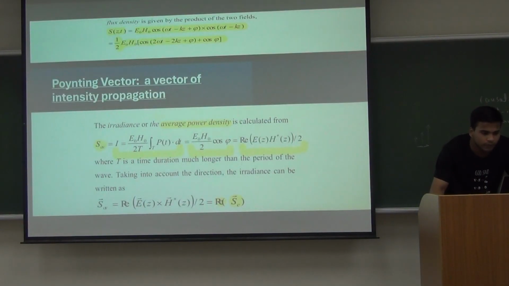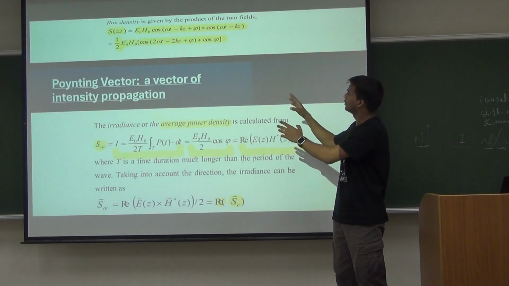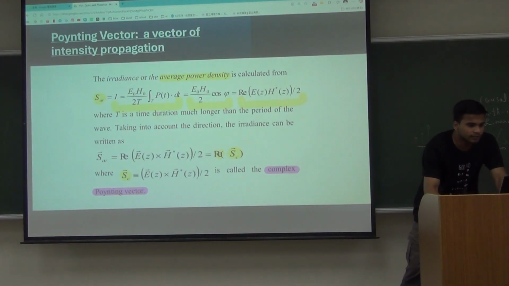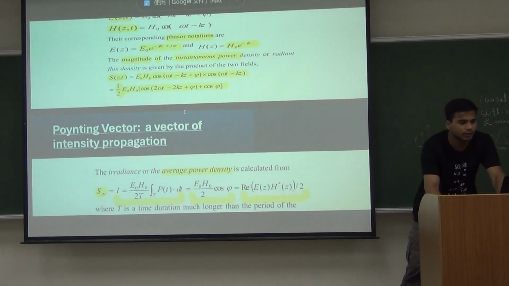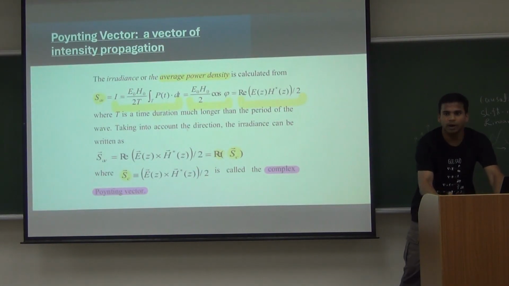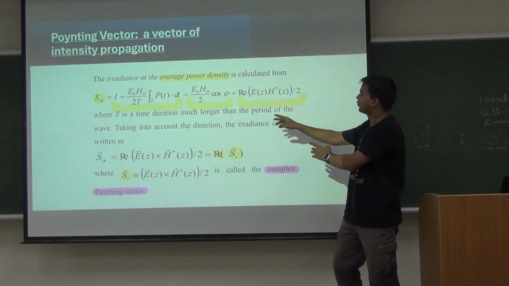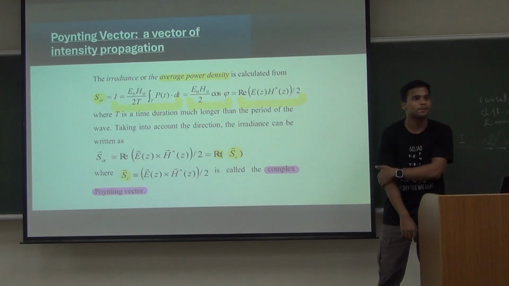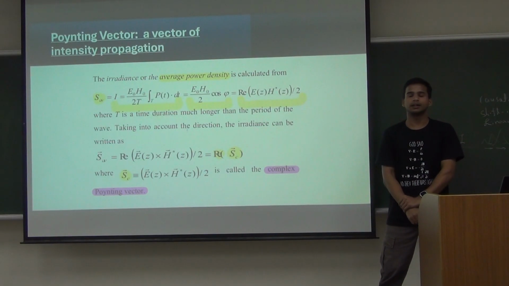So to get the average power, we integrate this for one time period. Okay. Yeah, we integrate this for the average power. So first we calculate the power expression, and then we integrate it for one time period, and that's how we get the average power. Can I do the integration over 2 periods?